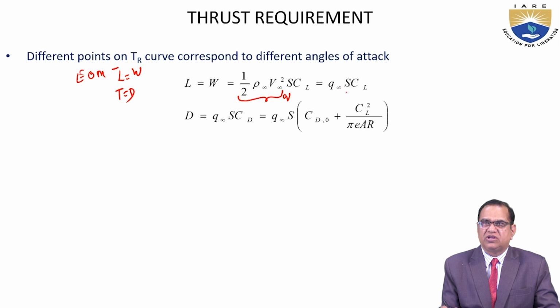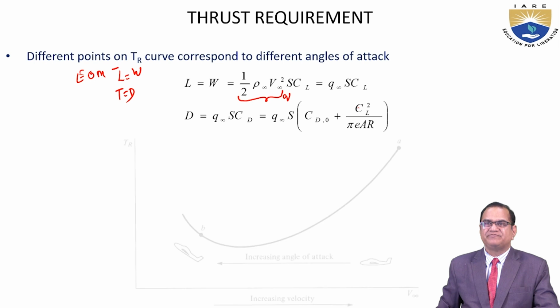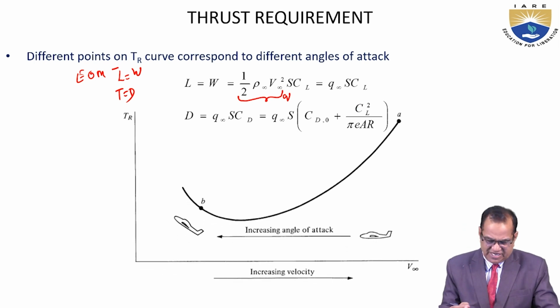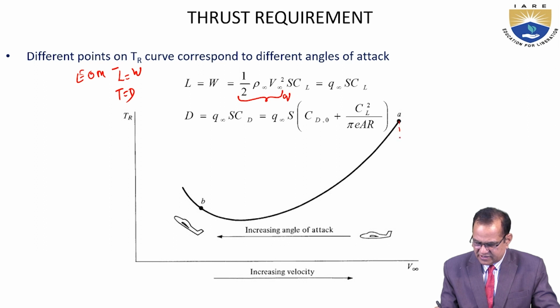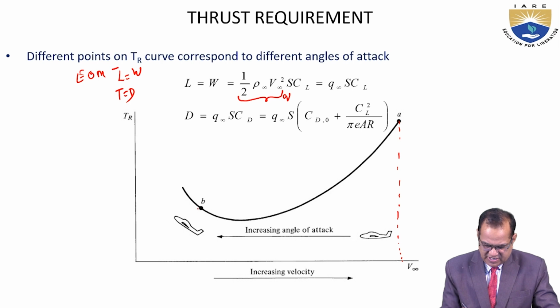And we know that D is equal to Q infinity S CD, which is Q infinity S times CD naught plus K CL square. And if you see here the TR versus drag, here we have the 2 points A and B.